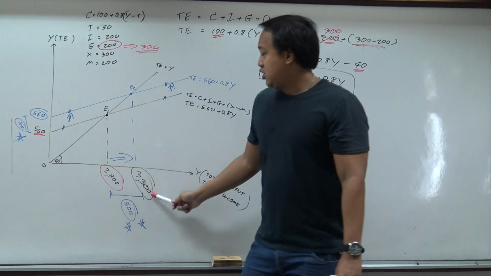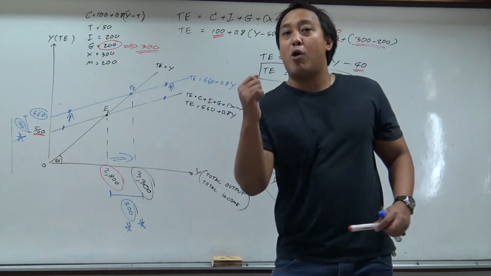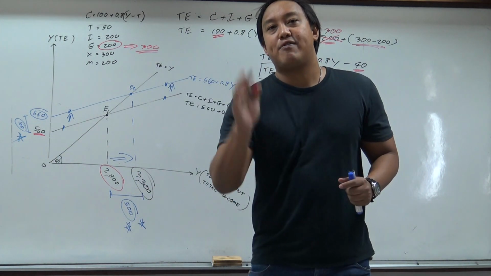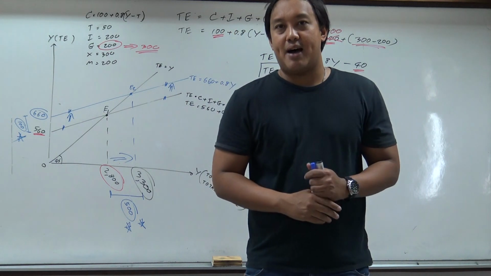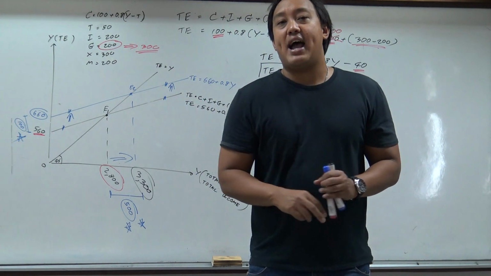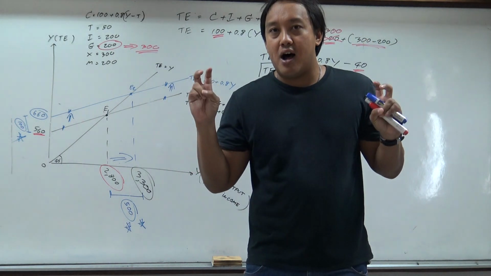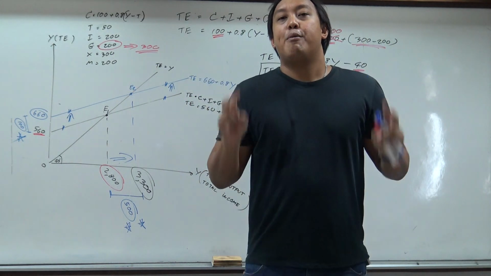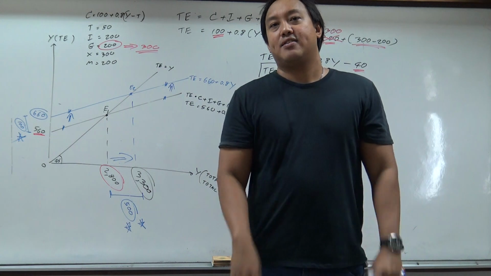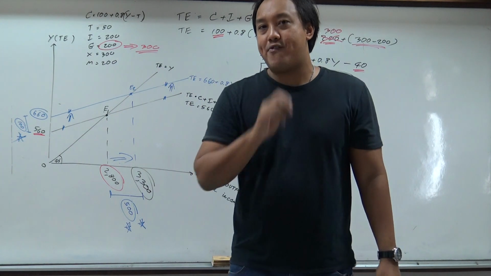The government spends 100 more, but the GDP increases by 500. We call this the multiplier effect.